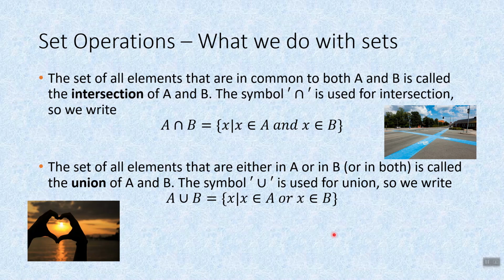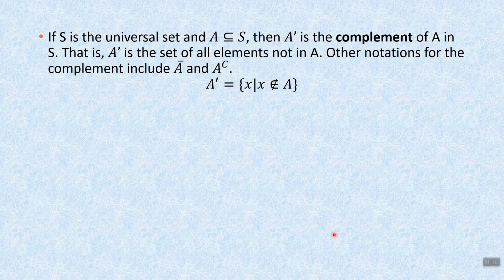So union. If S is the universal set and A is a subset of S, then A prime or A complement is the complement of A in S. That is, A complement is the set of all elements not in A. Other notations for the complement include A bar and A^C.